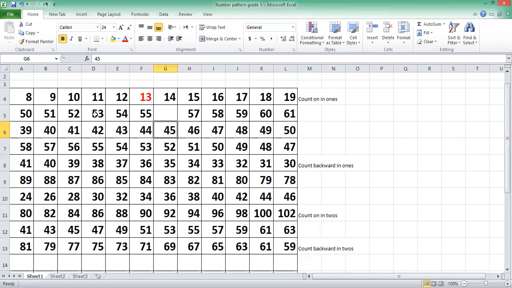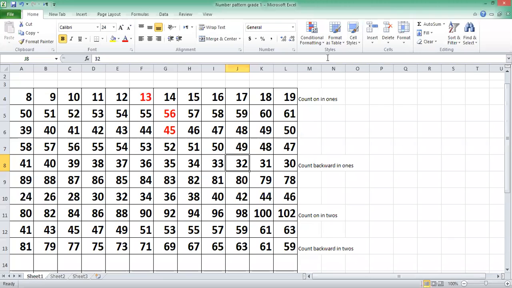After 53, what is one more than 53? 54. One more than 54? 55. One more than 55? That is 56. In that way you can answer. Same here, we are counting on, adding 1. If I remove one of 39, 40, 41, 42, 43, what will come next? You will say, sir, it will be 44.